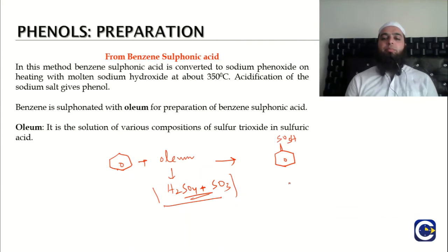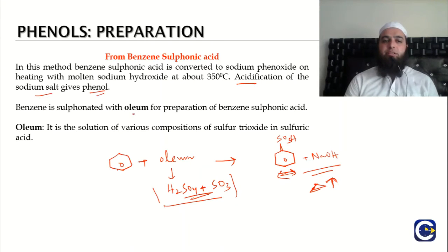From this benzene sulfonic acid, we react it with molten sodium hydroxide, and the reaction takes place at a higher temperature. We get the product as a phenoxide, and that phenoxide is then acidified, and acidification gives us the phenol.